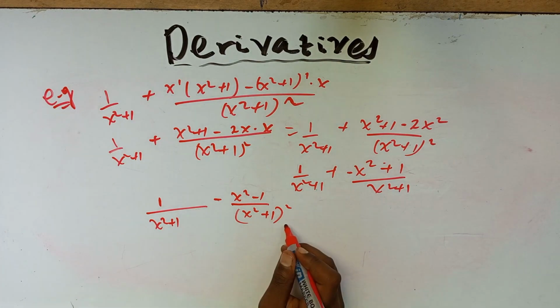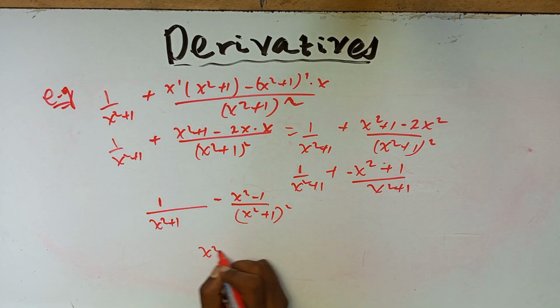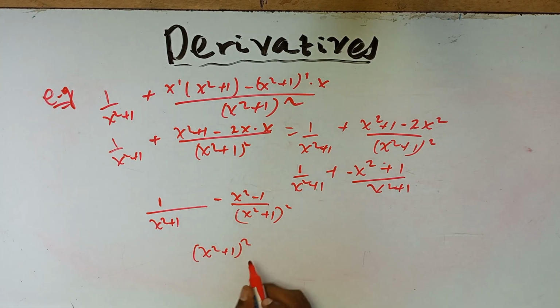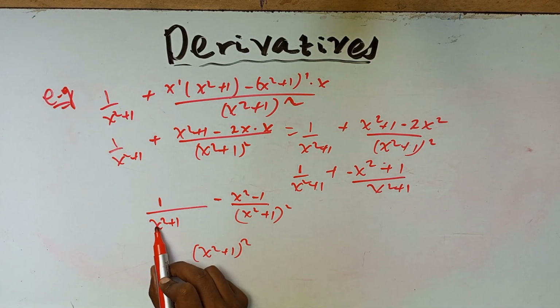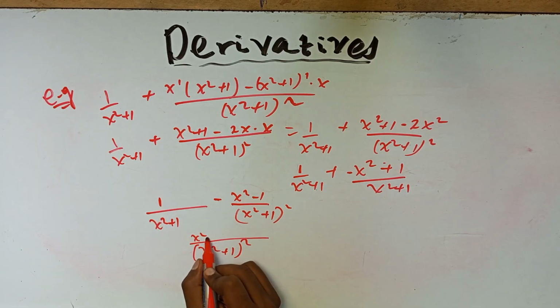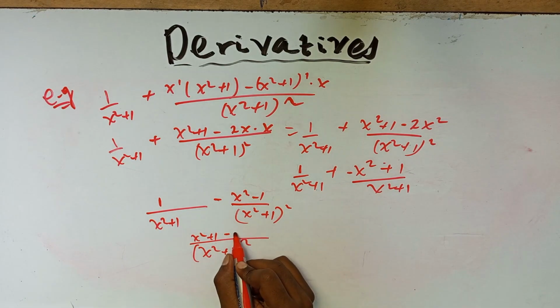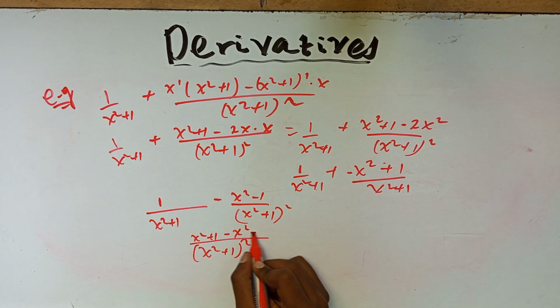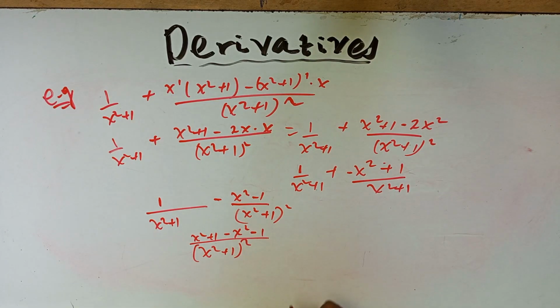If we take the LCM of both of them, it is x square plus 1 the whole square. x square plus 1 divided by x square plus 1 is 1, times 1 gives x square plus 1, minus x square minus 1.